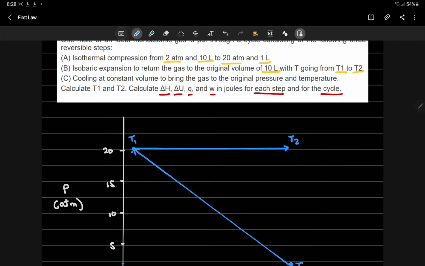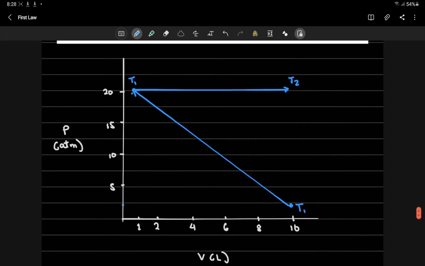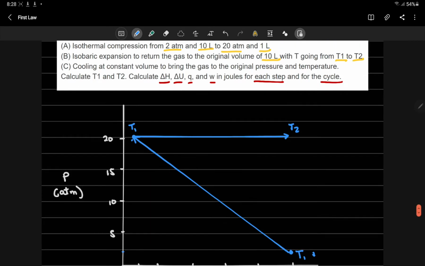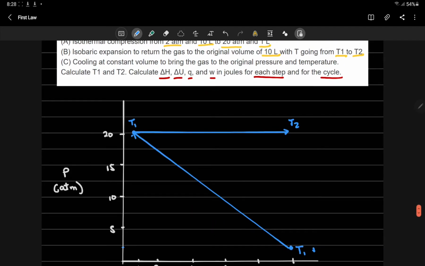And lastly, letter C, cooling at constant volume to bring the gas to the original pressure and temperature. So, the original pressure is 1 atmosphere and the original temperature is T1. So, what we are trying to do here is cooling. That means, from T2, which is a higher temperature, it will become T1 again. Okay? And also, in that process, we return to the initial condition of original pressure and temperature. So that is the whole cycle.